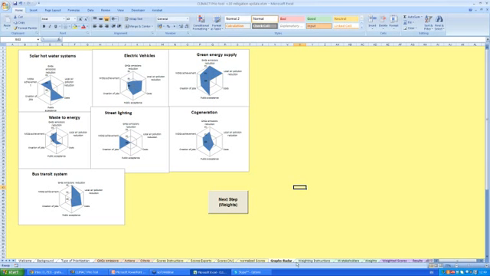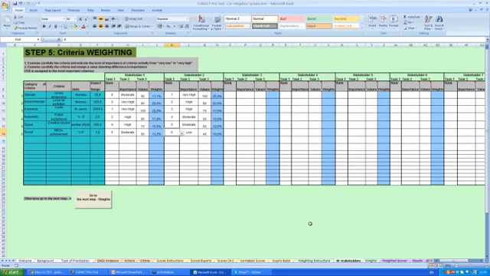Then, therefore, we need to integrate these relative importance factors, or the weights, as we call them. So again, here we can include, as I said before, different ways of including the stakeholders' preferences.